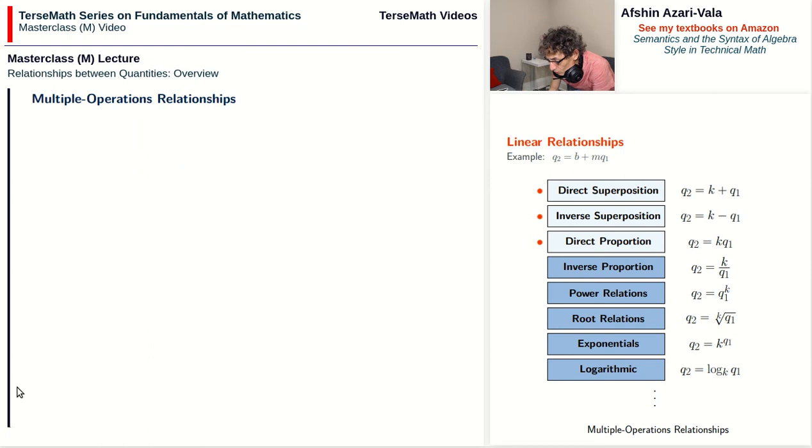These are known as multiple operations relations because of the fact that Q1 is being subjected to multiple operations, either directly or indirectly. As an example of that, Q1 is being multiplied by here, and the term that Q1 is part of is being added.